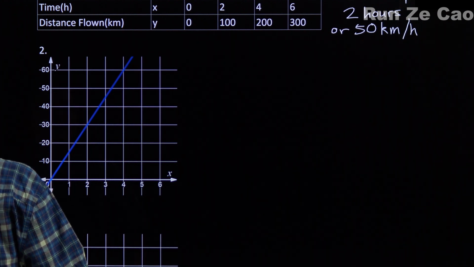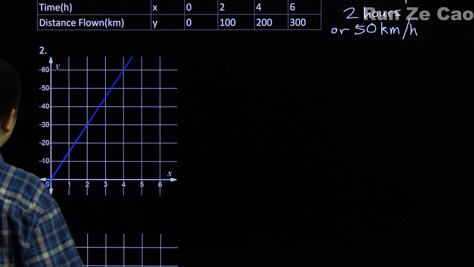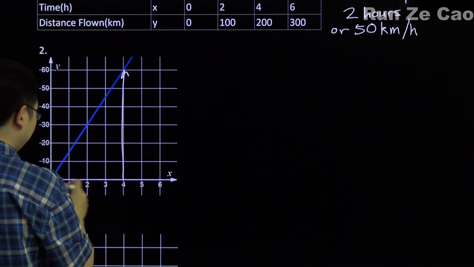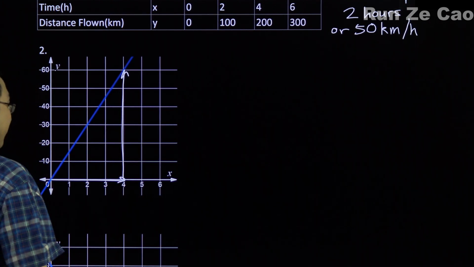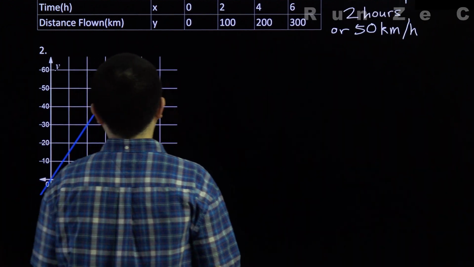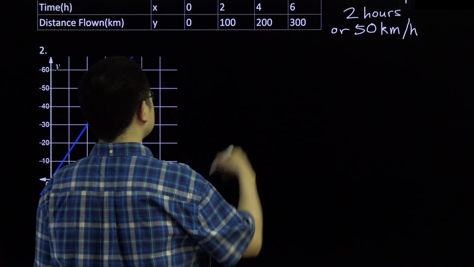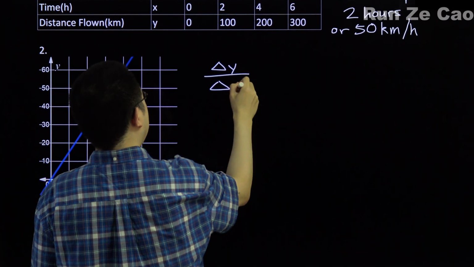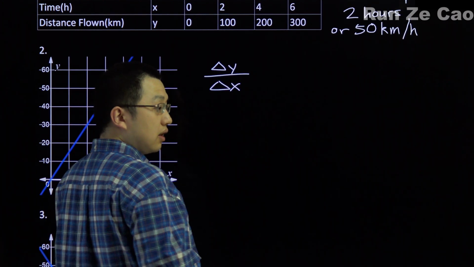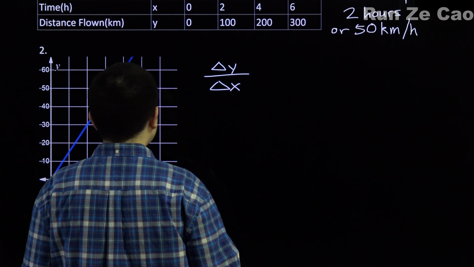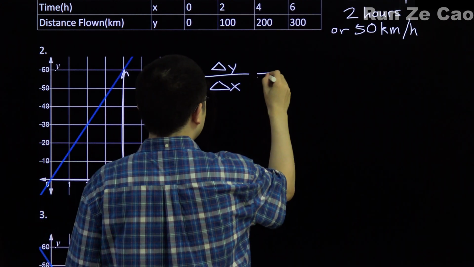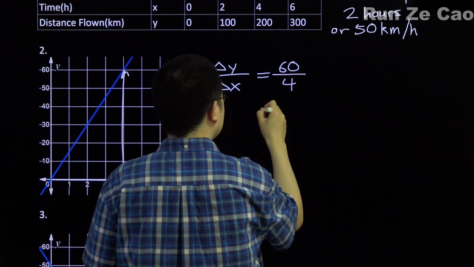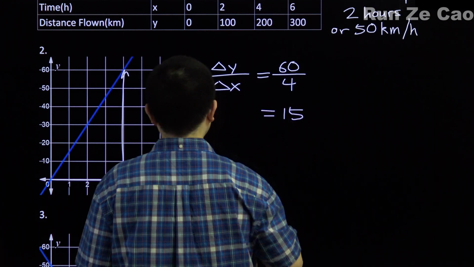Now here we got y goes up by 60 in the space where x goes up by 4. So this change in y over change in x, the delta symbol is the symbol used for change. The change in y is 60 divided by the change in x, which is 4, is equal to 15.